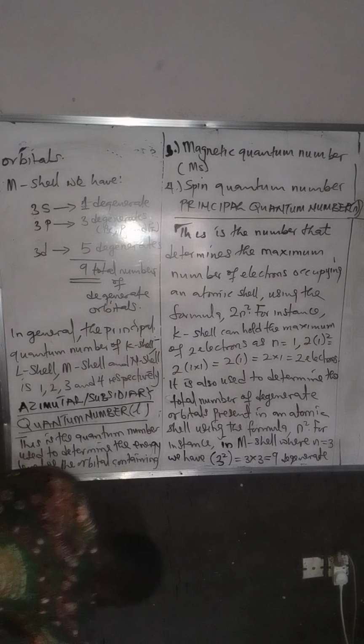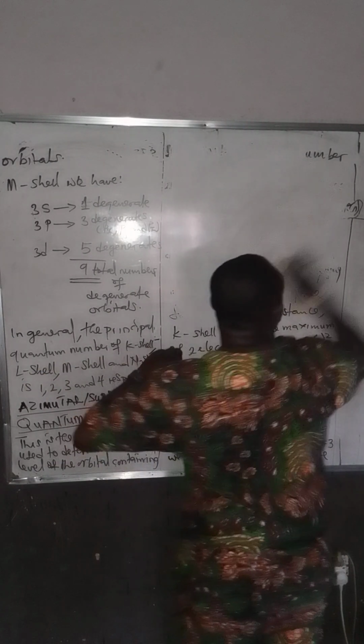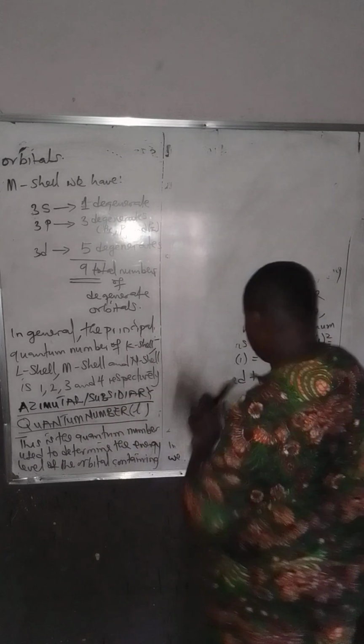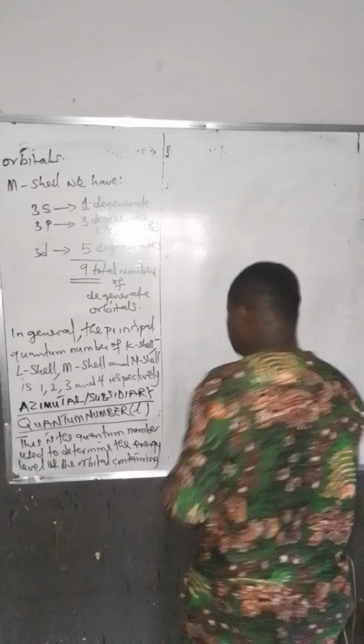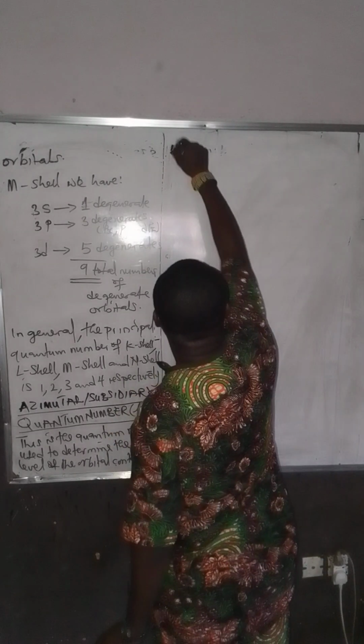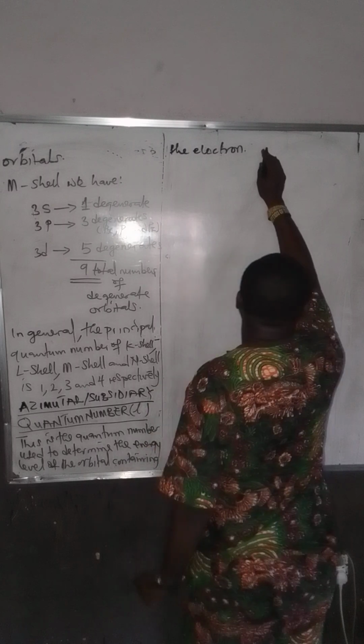So this is to determine the orbital containing what? The electron. Then take note.